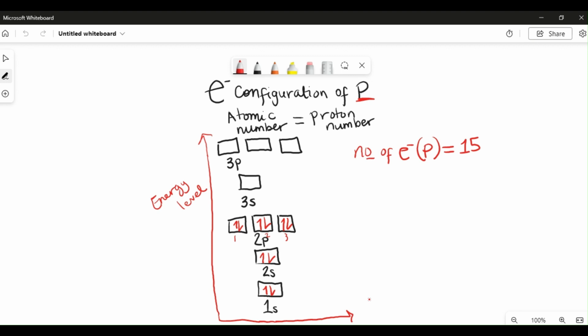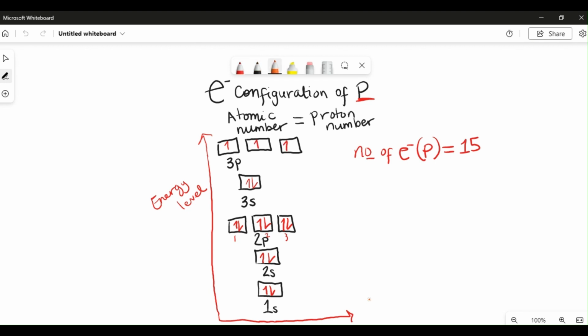So an electron would not pair up in one orbital until each one of the orbitals has been filled up before you can pair electrons. Make sure you learn this. It's called Hund's rule. So right now we've got 10 of the 15 electrons. So we're going to continue. So we have 11, 12, 13, 14, and then 15.